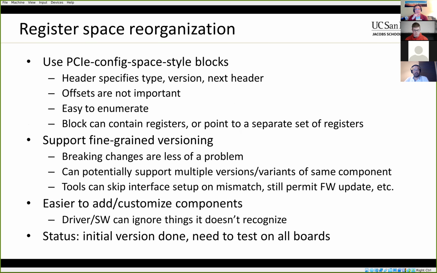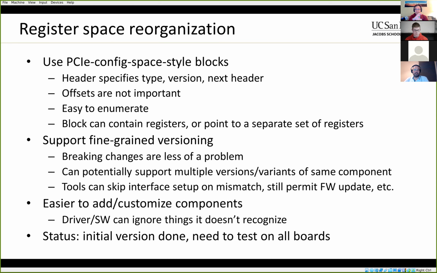All right, so the next thing that I was working on is the register space reorganization. The idea is pretty simple, to use basically PCI Express style configuration space blocks, where you have a small header on each block that indicates the type of that block, the version of that block, and then a pointer to the next block, basically.